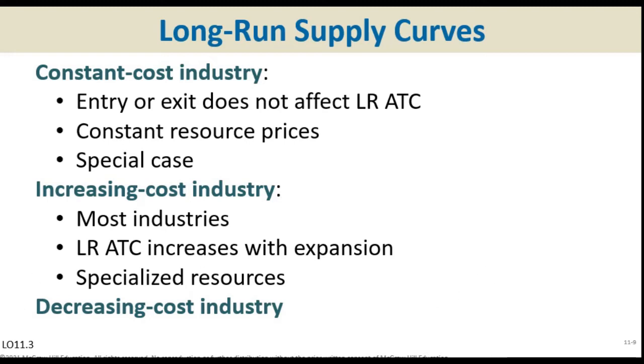The last scenario is the case of a decreasing cost industry. In this scenario, as the number of firms decreases or increases due to entry or exit, the industry costs change inversely. If demand for the product falls, firms will leave the industry, causing input costs to rise.